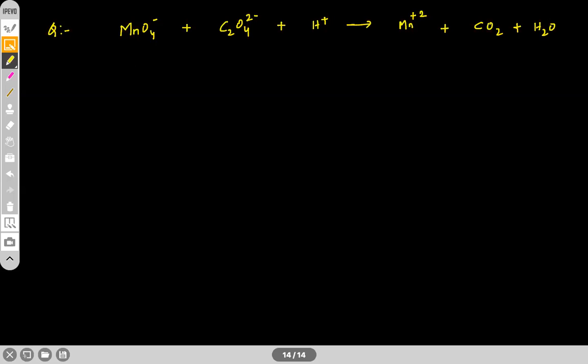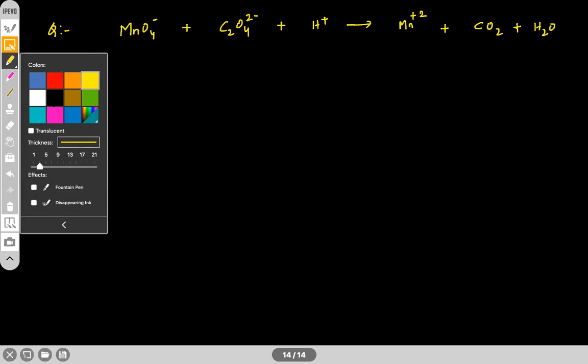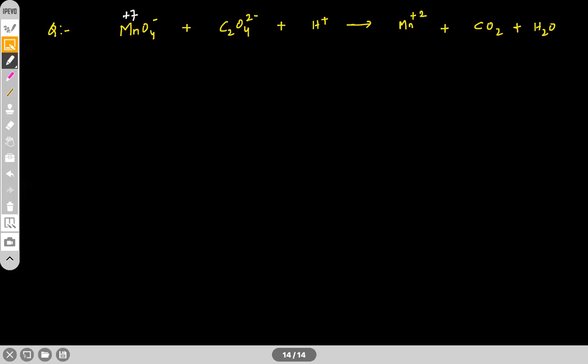Okay. So first of all, if you see the oxidation state of manganese here, it is +7 and +7 to +2, so it is reduction, and this one is oxidation. So if I write down the two halves here, that is oxidation and reduction. We have MnO4 minus. This converts into Mn+2.